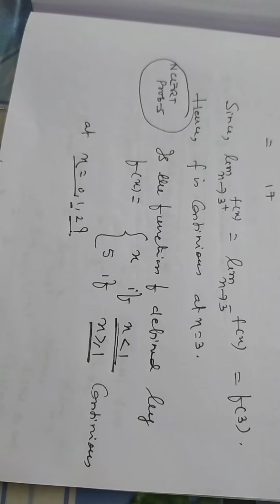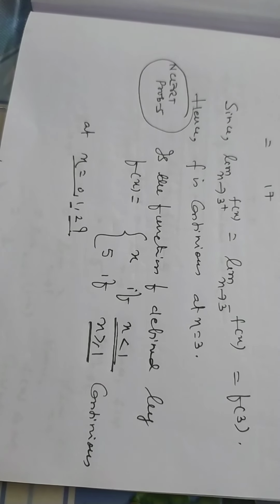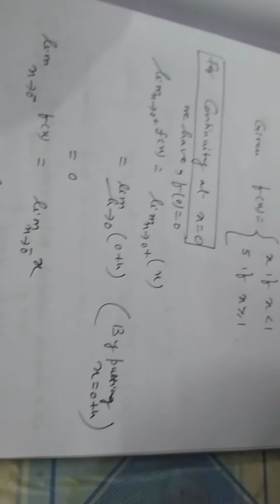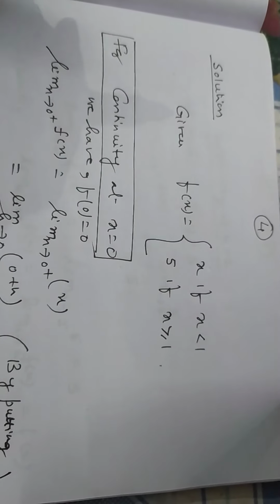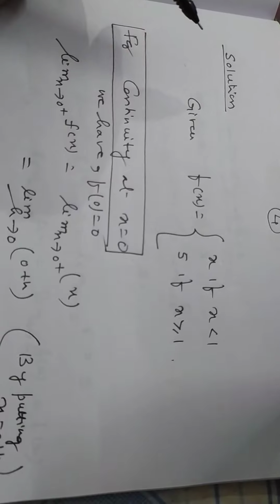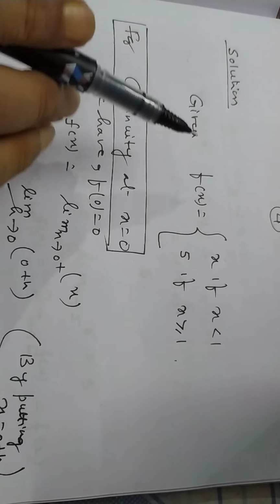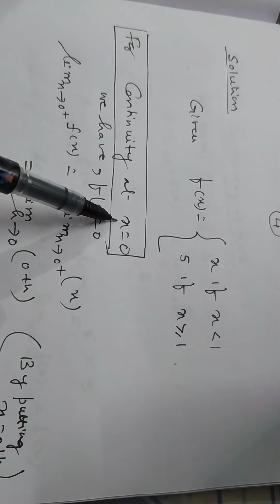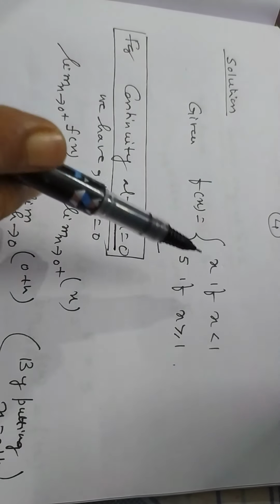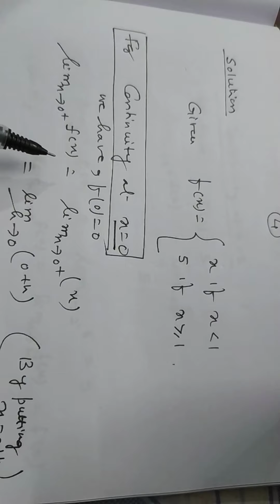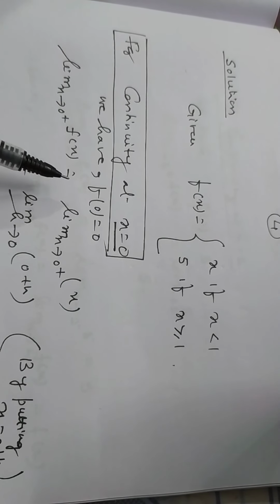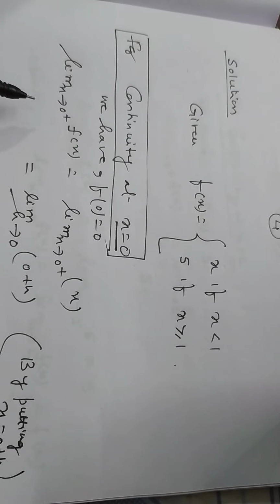So you must observe the steps which I have discussed in these problems. Now, we want to check the continuity at the point x = 0. So the value of the function at the point 0: for x less than 1, f(x) = x, so f(0) = 0.